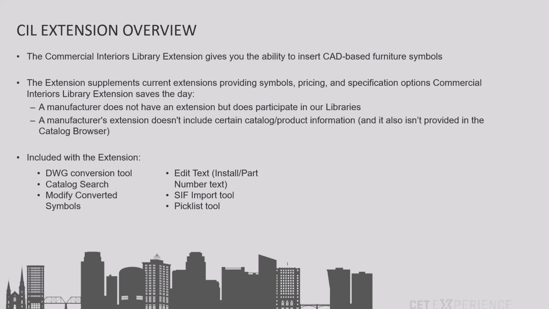You can modify or change any symbols that you convert. So you can apply materials or change materials to symbols that you bring in and convert. You can edit text. You can import symbols using a CIF. And you can also apply pick lists that you are able to access.